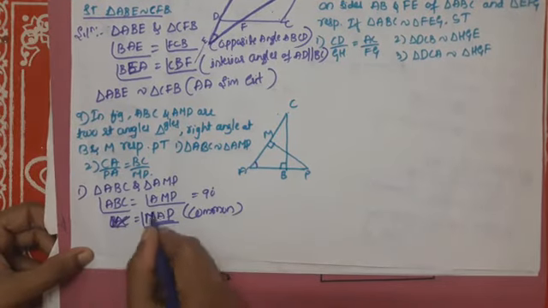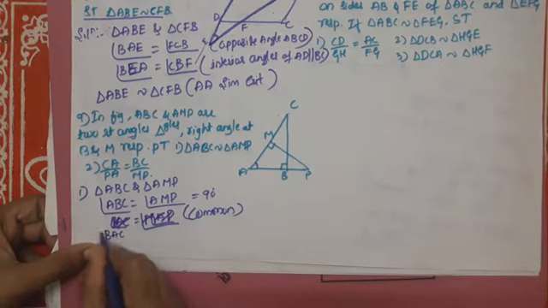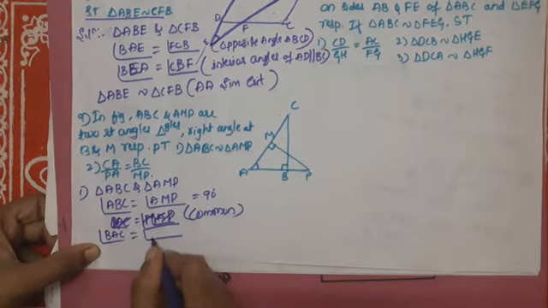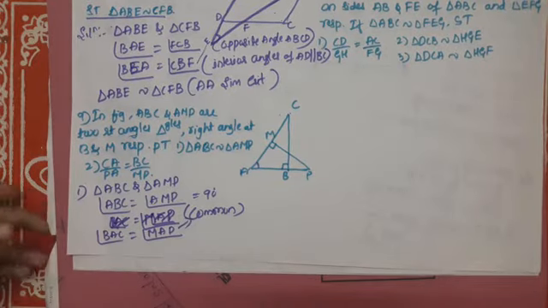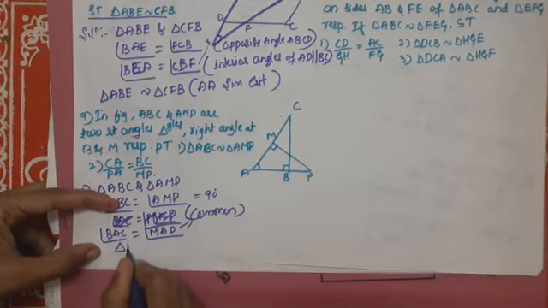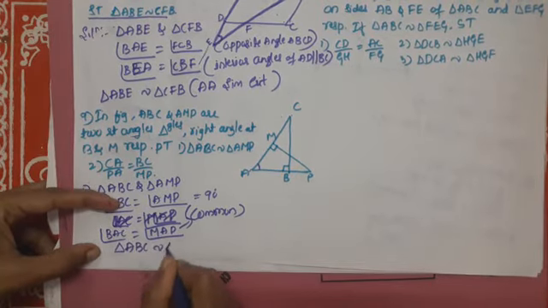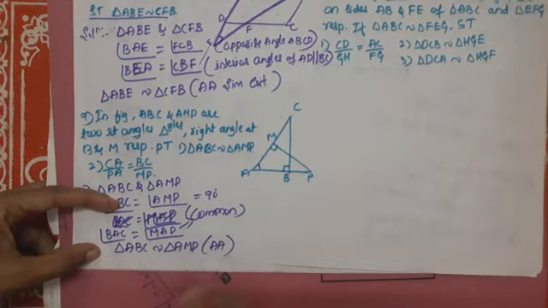So I will write once again: here A is common, that is BAC equals MAP. This is a common angle, so two angles are equal, which means triangle ABC is similar to triangle AMP, again by the same AA criterion.